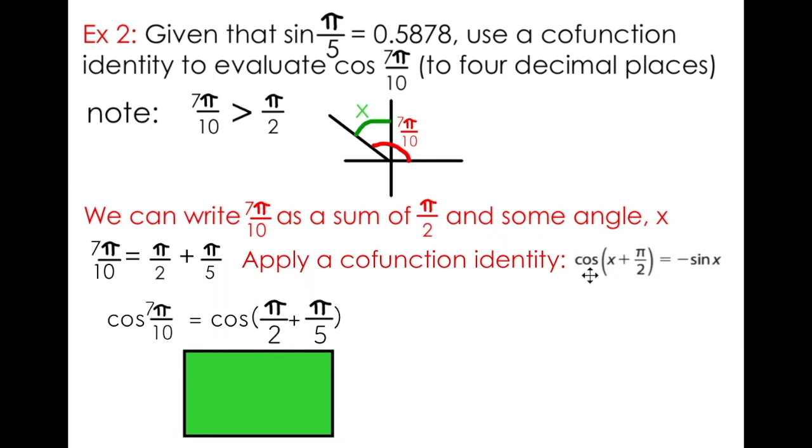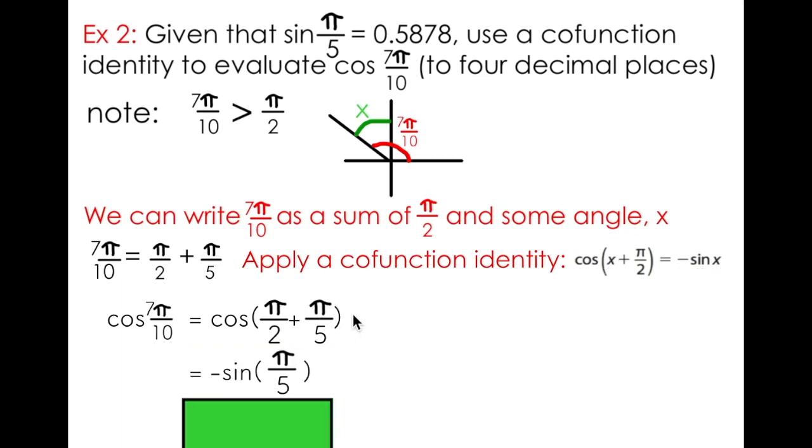Now my cofunction identity tells me that this is equal to negative sine of angle x, again, angle x being pi over 5. So I can simplify my expression into negative sine of pi over 5. But remember, we are given that the sine of pi over 5 is 0.5878. Therefore, we can conclude that the cosine of 7 pi over 10 is negative 0.5878.